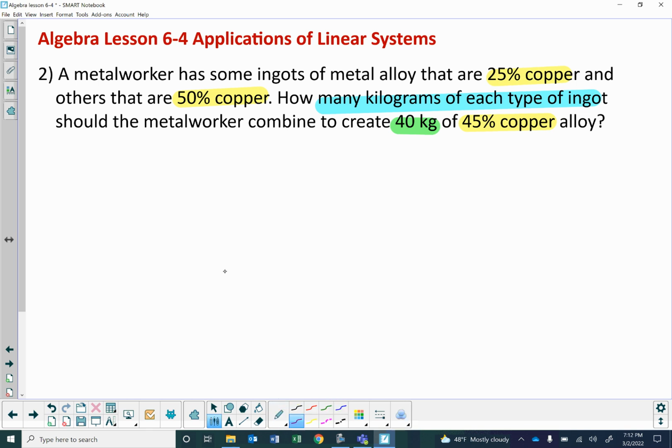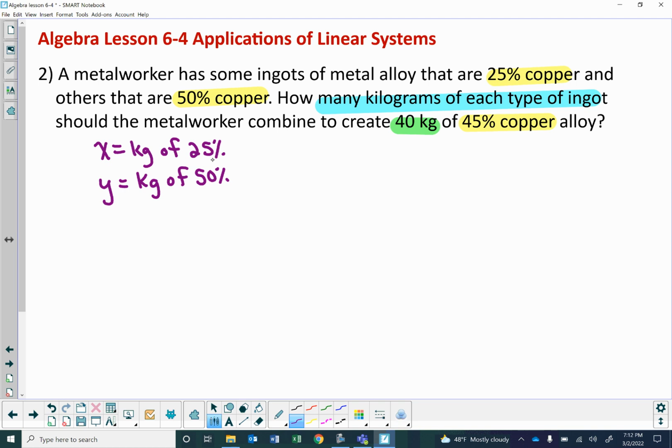So since I'm looking for kilograms of each type, I'm going to let x equal kilograms of 25%, and I'm going to let y equal kilograms of 50%. Okay, so I need to know how many I need to mix together to get it to be 45%.